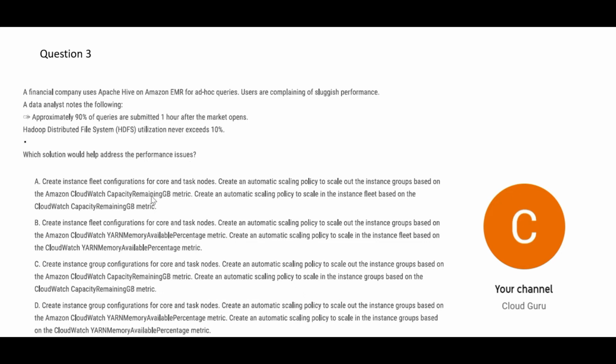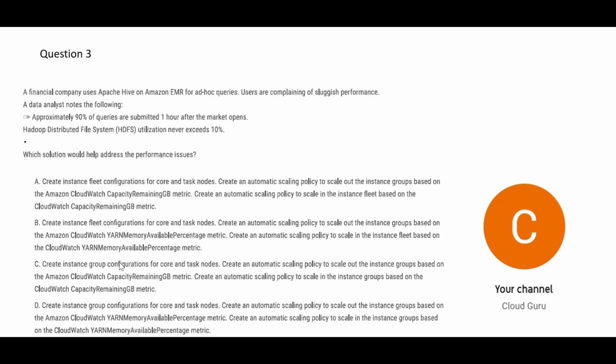If you see these four options, I have categorized them. Options A and B are related to instance fleet configurations, and C and D are related to instance group configurations. So the first thing is to choose between instance fleet or instance group.